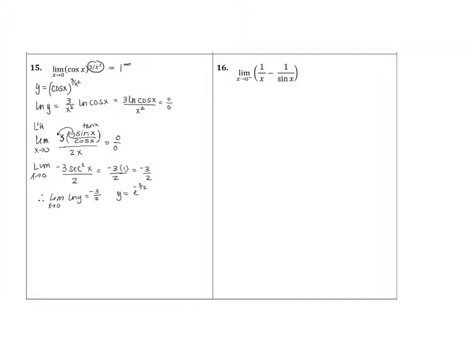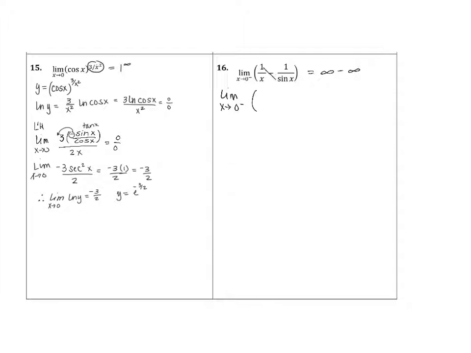Okay, for our next problem, if we substitute in here and look at the graph of 1 over x and 1 over sine x, as we're approaching 0, we are ending up with infinity minus infinity, which is not 0. But when we're in this form, that means we need to get this together and get a least common denominator and change this form a bit.